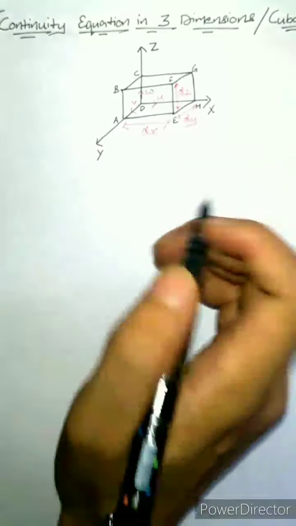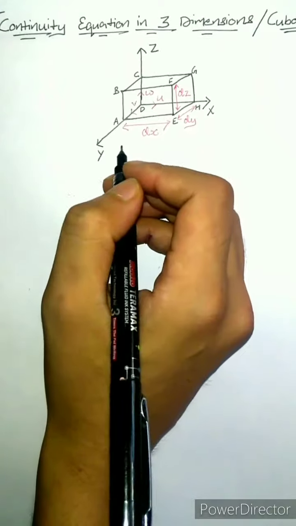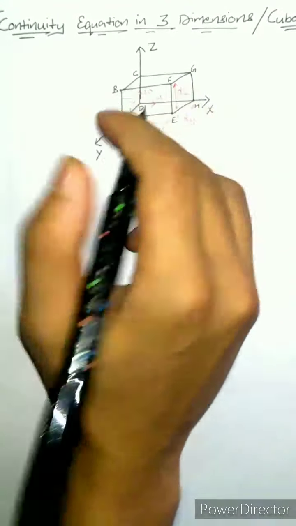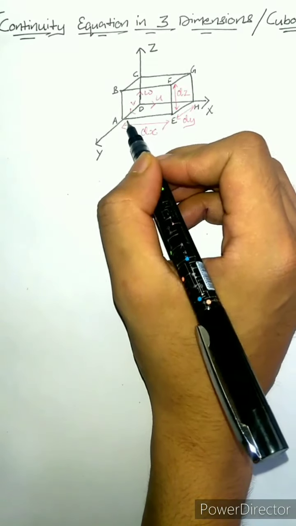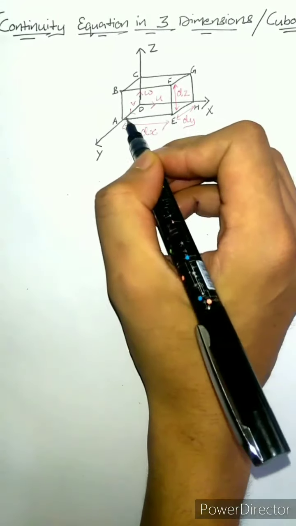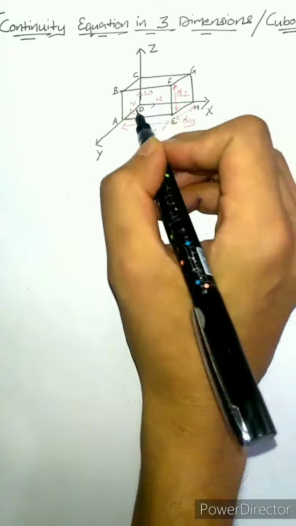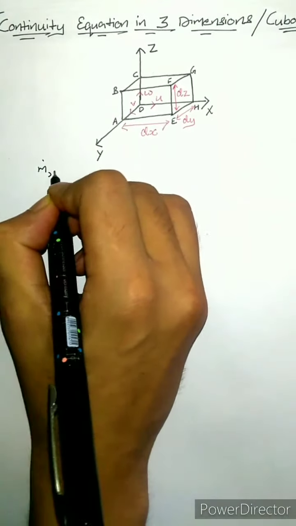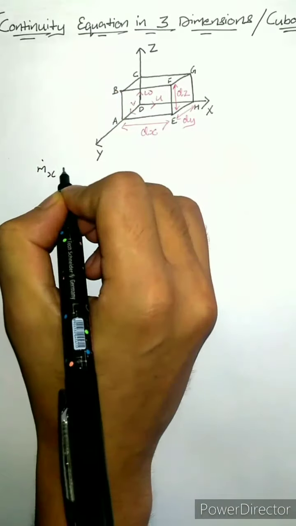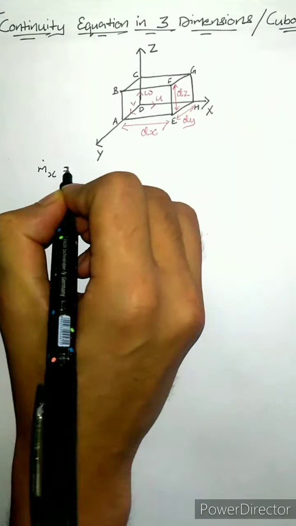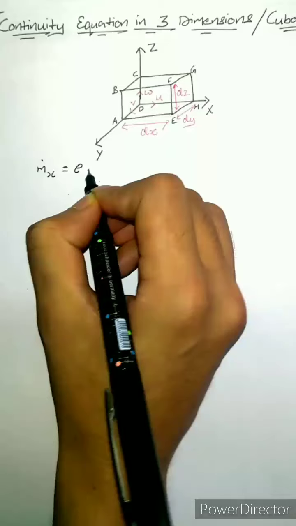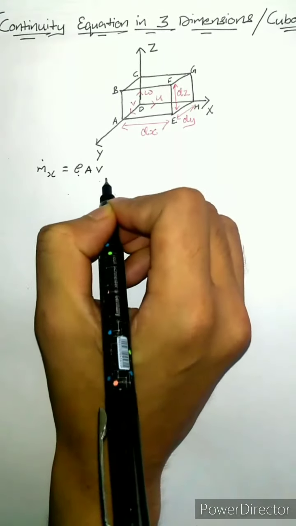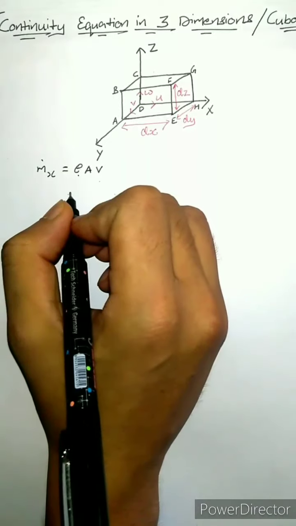So to start, the mass flow rate which enters the cuboid from face ABCD is denoted by m dot x in the x direction, that is rho into area into velocity, density into area into velocity. This is the mass flow rate in the x direction.